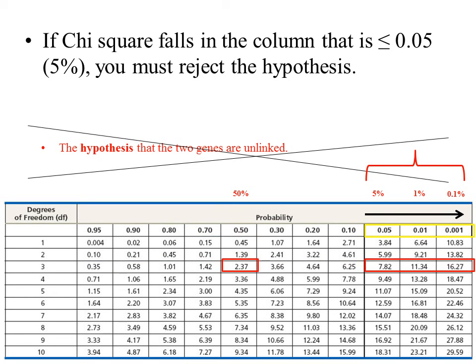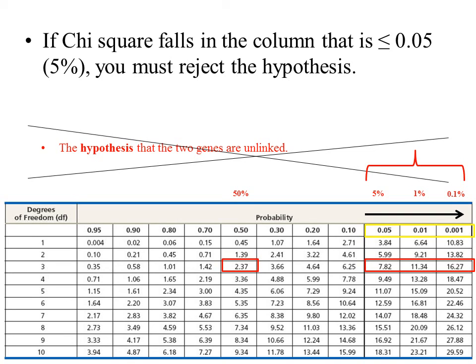If chi-square falls in the column that is smaller than or equal to 5%, you must reject your hypothesis. So our hypothesis was that the two genes were unlinked. If our value falls between 5% and 0.1% on this chart, we have to reject the hypothesis.